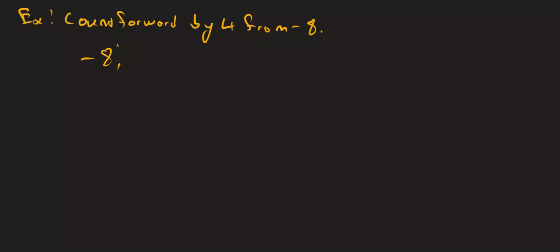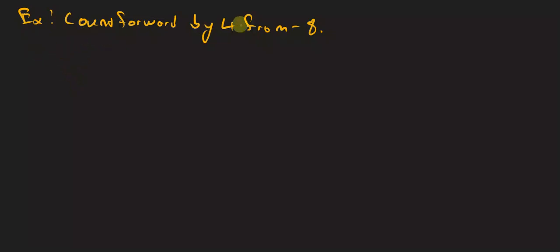We add a 4 here, negative 4. We add a 4 here, good, to 0. And if we add a 4 here, to be 4, 8, 12, and so on. Good. Hopefully that wasn't too hard for you.